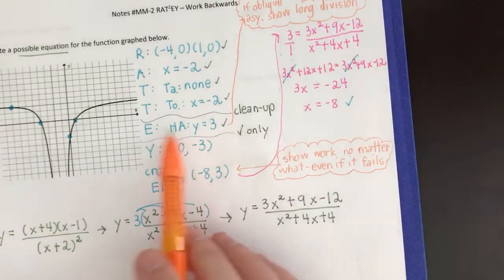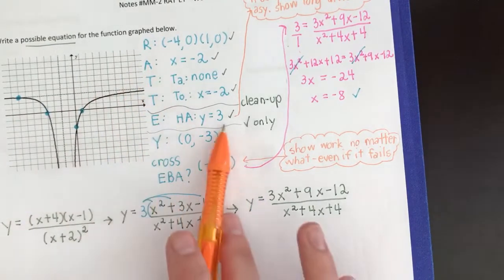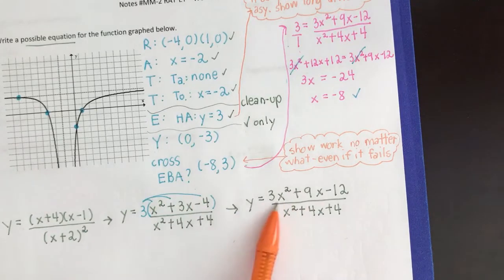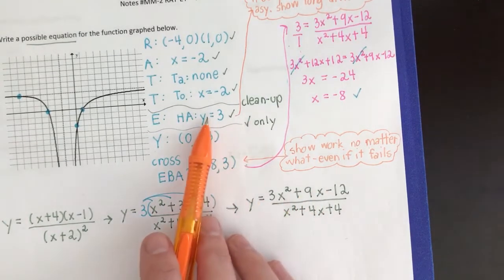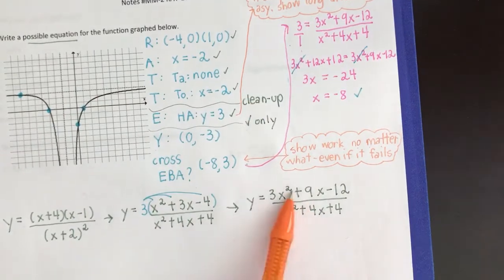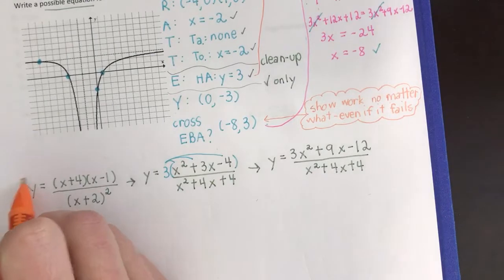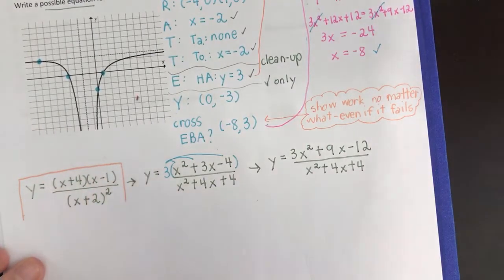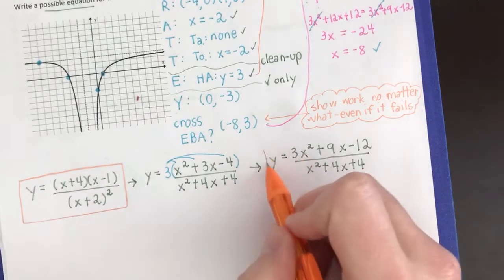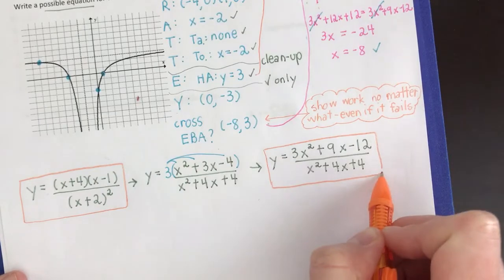If you see an oblique asymptote via the graph, you get the equation from the graph, then when you believe you've cleaned up and you have your final answer, do that long division and make sure the equation you get from the graph matches the equation you get when you divide your equation. So another thing I want to point out, last thing, this keeps popping on me: everything in orange are definitely things you need to remember.